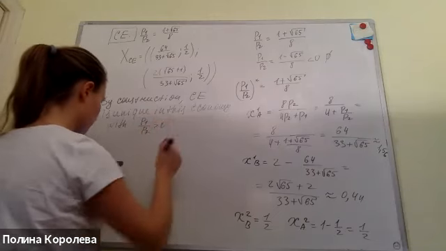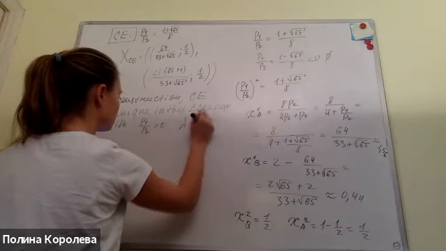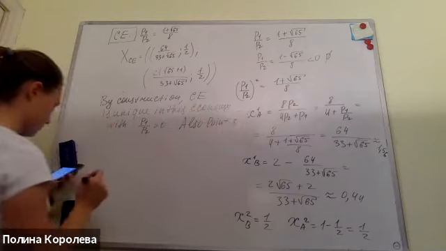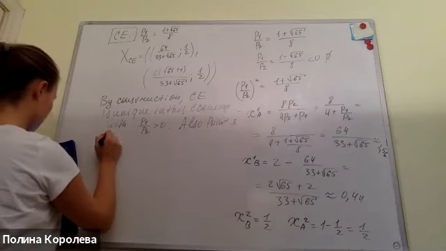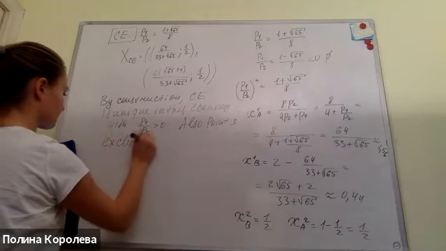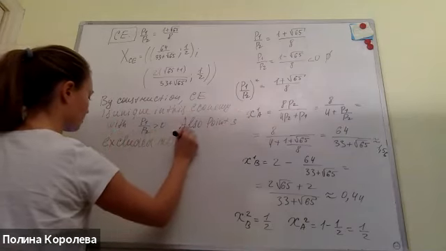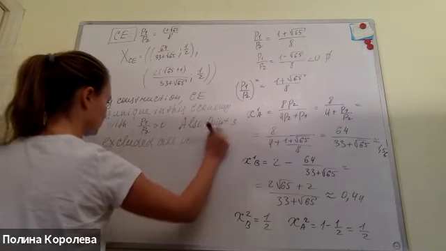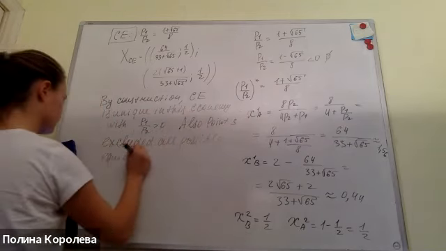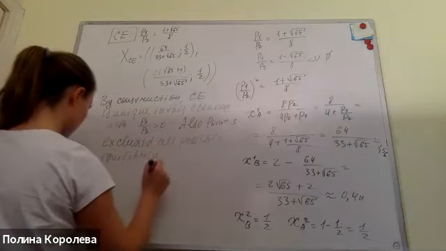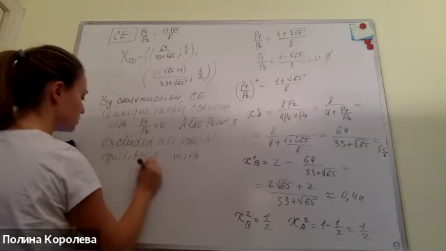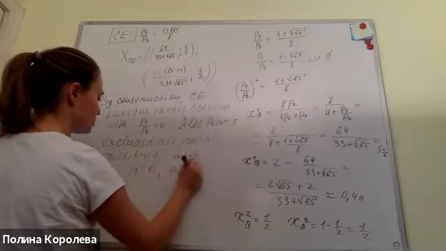Also, point 3: we excluded all possible equilibria with 0 prices, with P1 equal to 0 or P2 equal to 0.